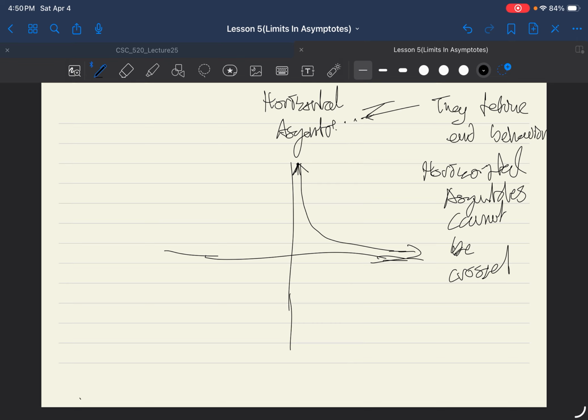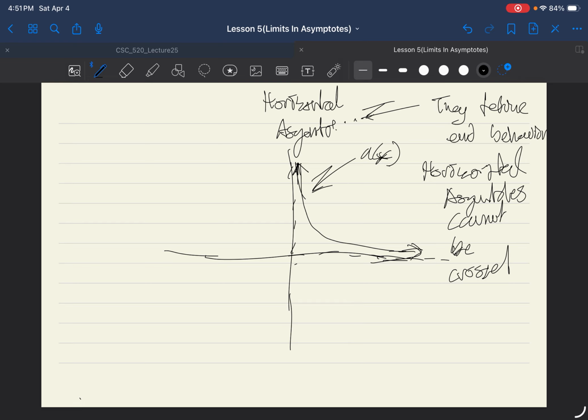This obviously has a vertical and horizontal asymptote though. And this will never hit 0, but it's going to get microscopically close to 0. So there are some functions that can never equal 0.